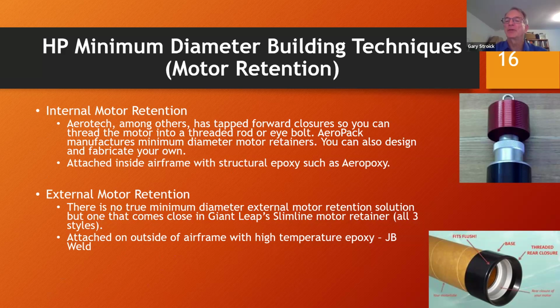You can see an image of that in the bottom right corner of the slide, where the base is just a cylindrical piece of aluminum, straight all the way through. Most other motor retainers get wider at the very aft end, but that's not the case with this one. So it adds a little bit of width to the airframe where it's attached, but it's very minimal. So that's an option you could certainly consider.